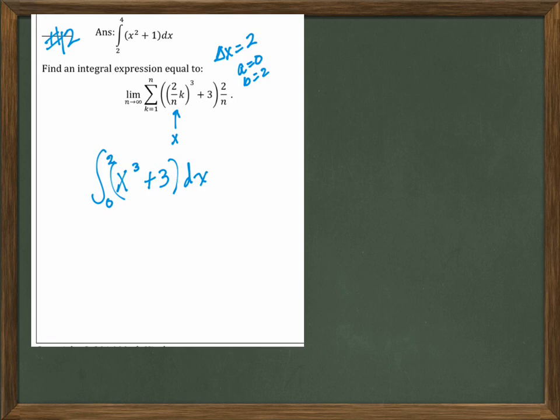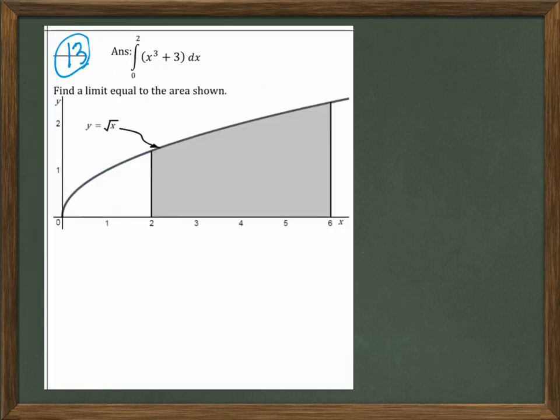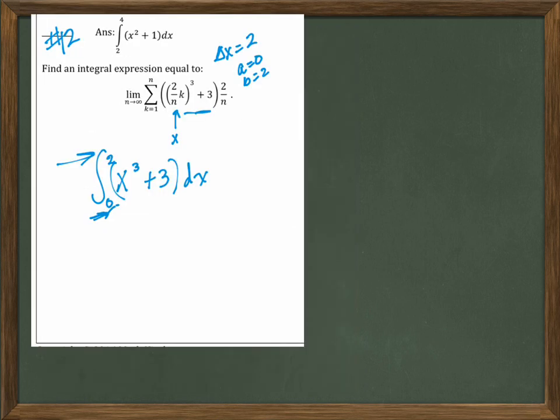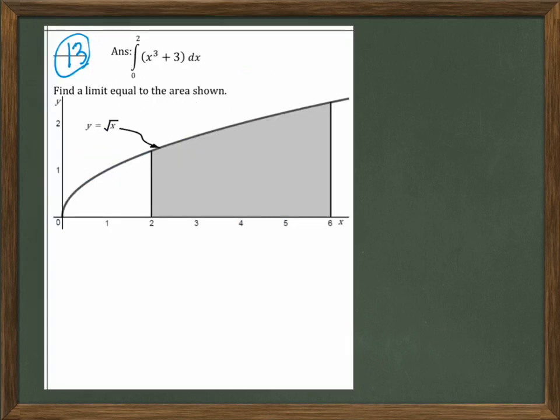If they're making you figure these out, if it was a multiple choice test, these endpoints would be what would be different, because you can look and see what the function is. It would be these endpoints that would be all different on the multiple choice. Let me just make sure we got that one right. We said it was x cubed plus 3, 0 to 2. Yeah, okay. Number 13.